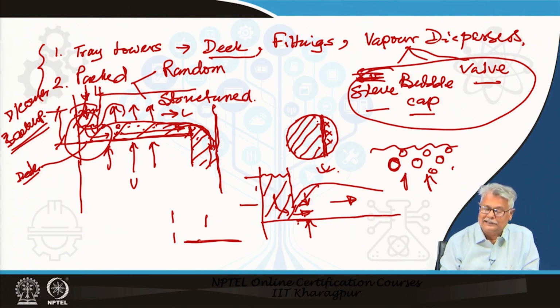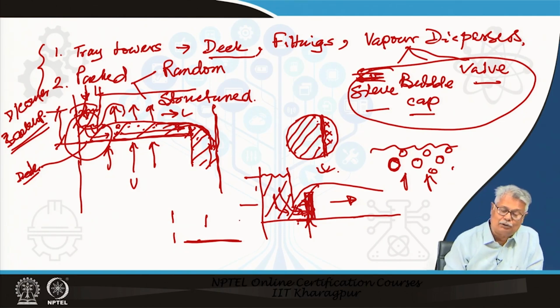Particularly if it is a clearance, it will get choked up if you have any smaller clearance. So, in such a case, if I have to maintain the downcomer backup, I may require another weir right after this to provide an additional resistance to the liquid flowing out.